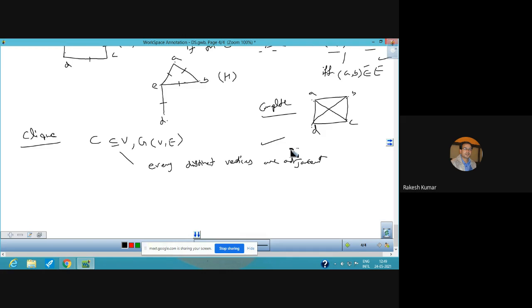This is equivalent to the condition that the induced subgraph H of G induced by C is complete. H should be a complete subgraph.